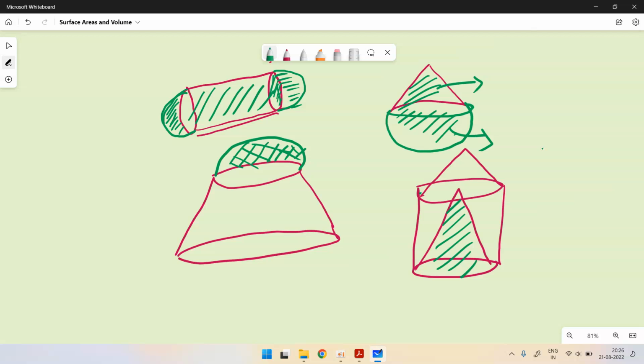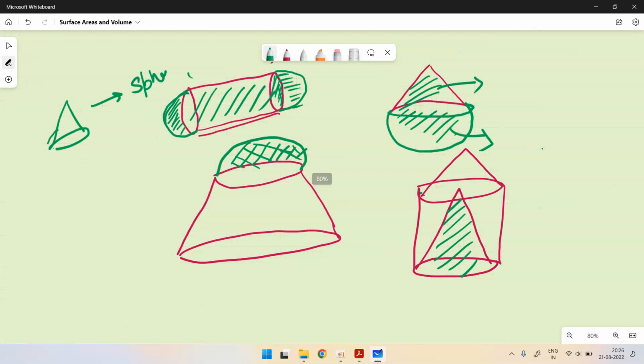And one more thing regarding volume. Whenever anything is melted, for example it is simply given that a cone is melted to form spheres, this means that the volume, pi r square h, equals the volume 4 by 3 pi r cube, where r will be different.